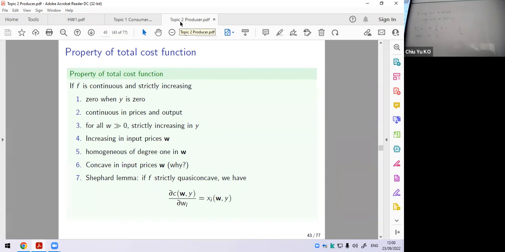When you have more than one output, then this will be a little bit different, not just one inequality but a set of inequalities, and then things will be very different. When we focus on a single output, everything can go without any complication. Is that okay? Any question?